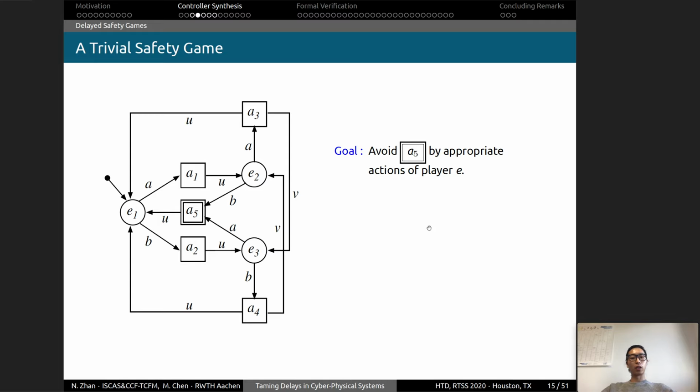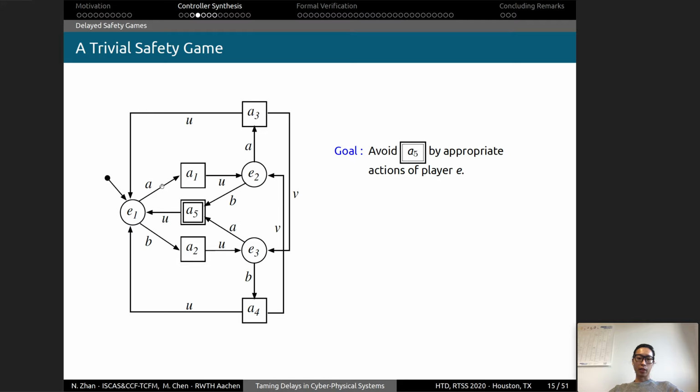Good. Now let's look at a very trivial safety game, which is a model for such interactions. But in this setting, let's assume it's delay-free first. In this game graph, you see two types of nodes. The circle node is a state where player 1 has to make an action.